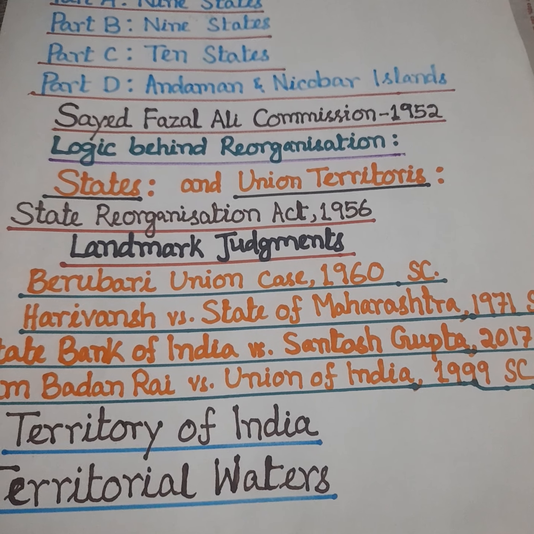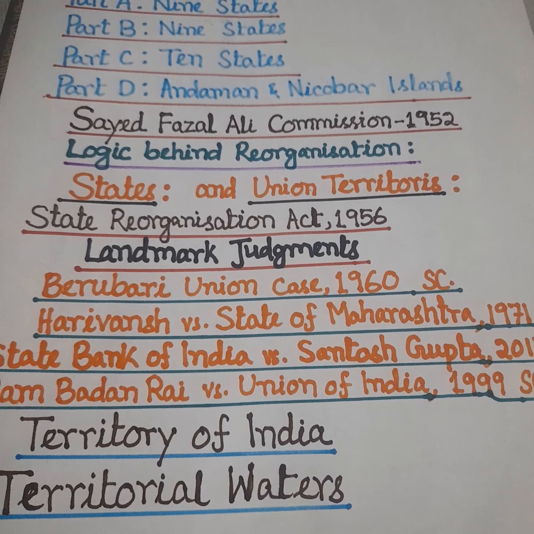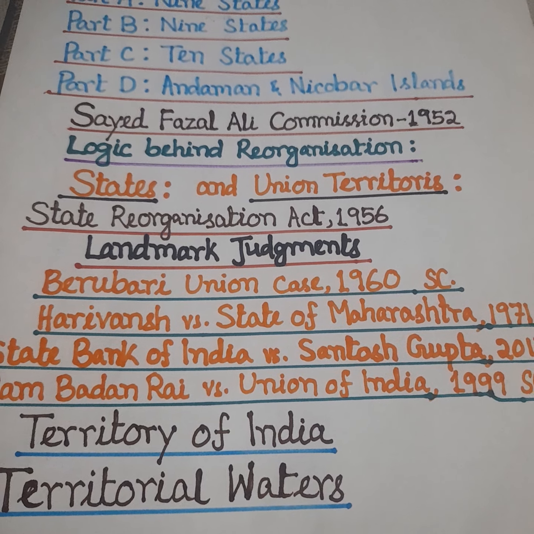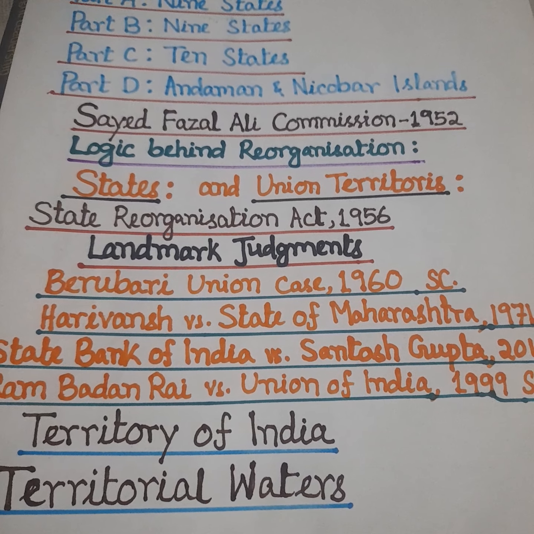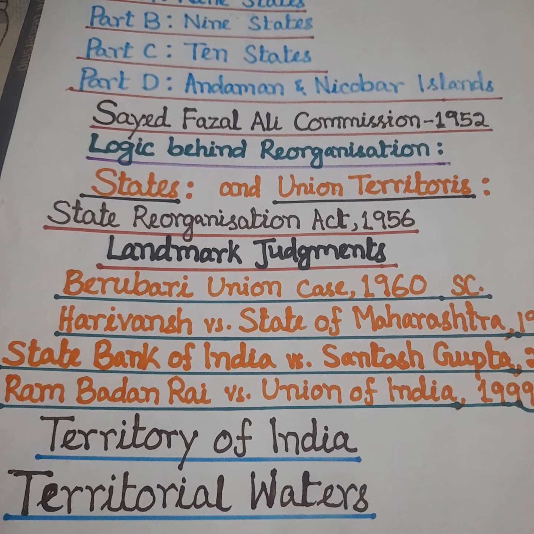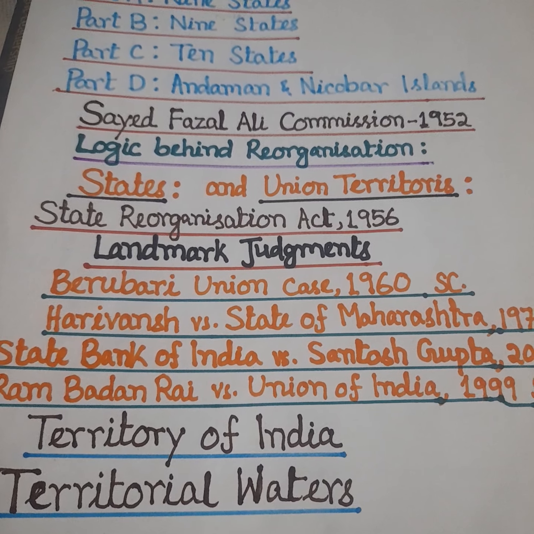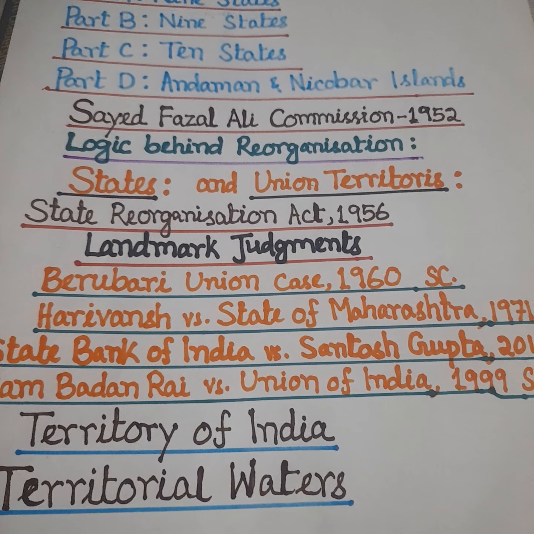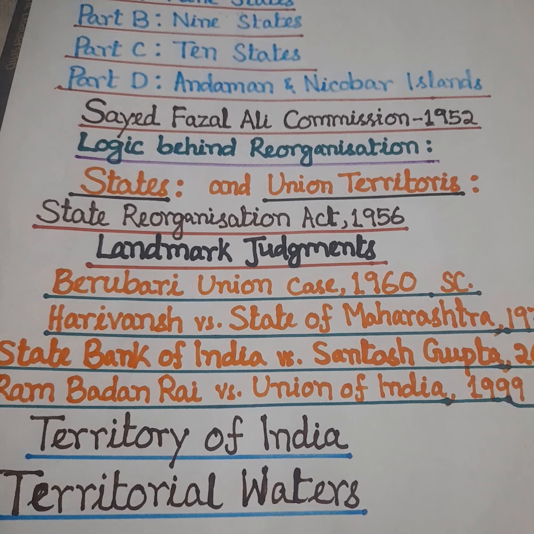Before that, Andhra Pradesh as a state was constituted in 1953, and Kerala as a state in 1956.